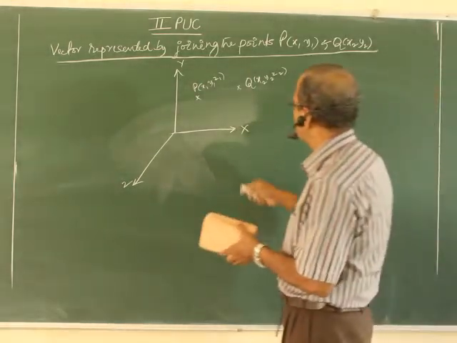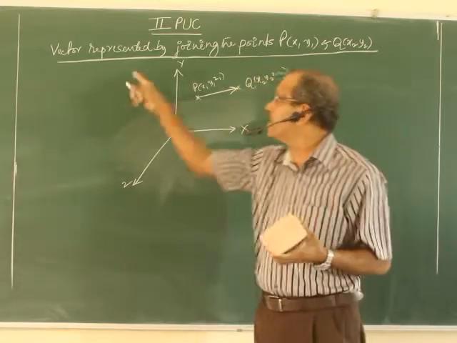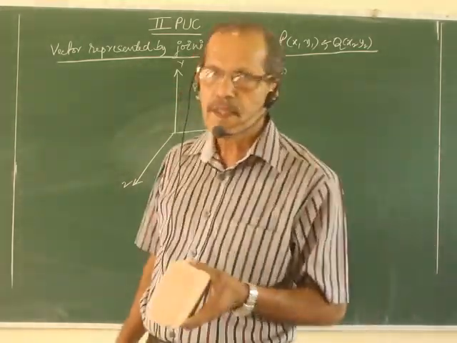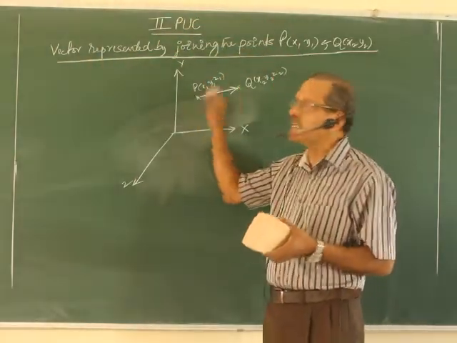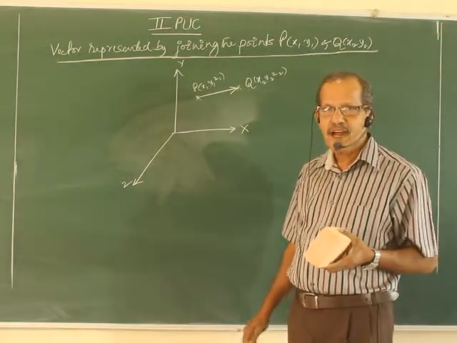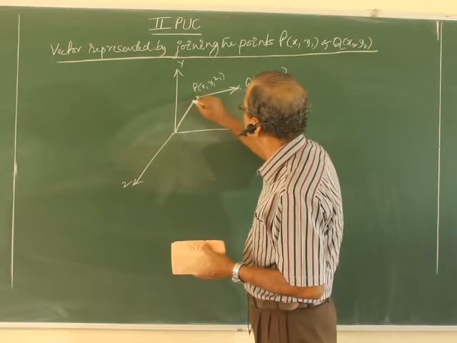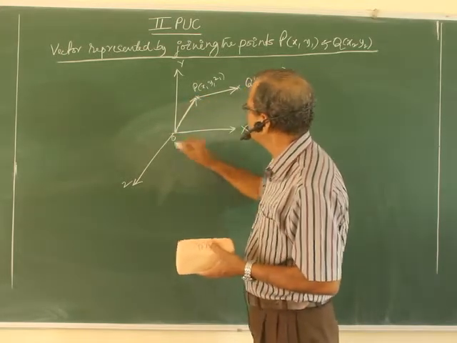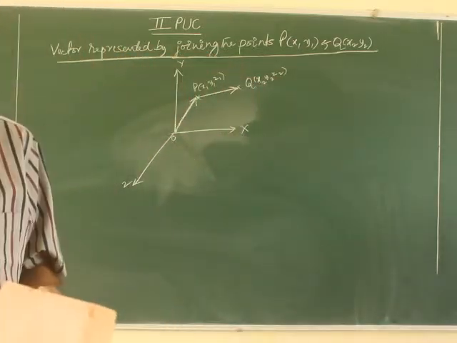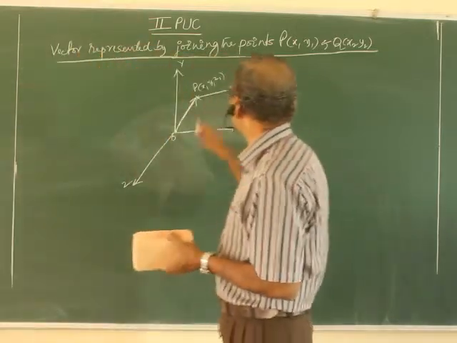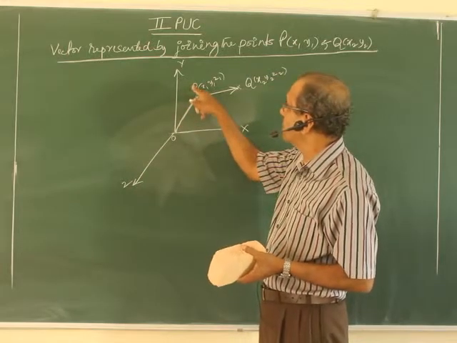Now the question is, find the vector represented by joining the points P and Q. Whenever 2 points are given, remember, it is a vector given. Whenever the point (x1, y1, z1) is given, it is actually the vector OP, and we call this the position vector of the point P.